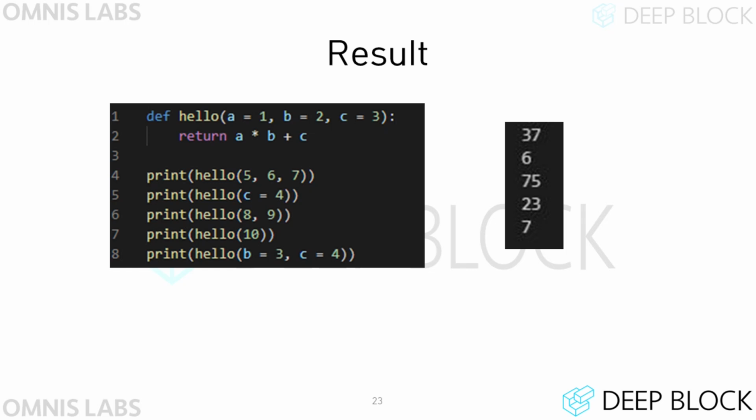In the next line, only the first two parameters receive arguments, so 8 times 9 plus 3 is returned. If you run the code in line 7, only a is assigned an argument, and 10 times 2 plus 3 is returned. In the next line, only the values of b and c are set, so 1 times 3 plus 4 is returned.